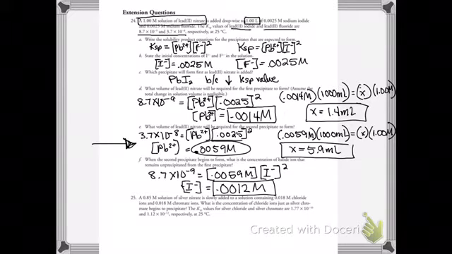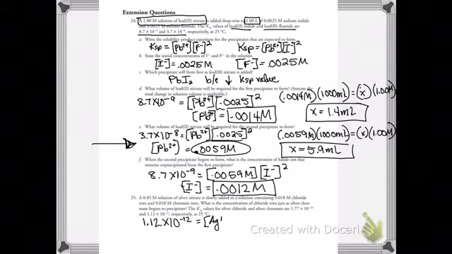So the very first thing I'm going to do is look at the Ksp of silver chromate first, because it's the first one to precipitate. So let's take a look. So grab the Ksp, 1.12 times 10 to the negative 12. All right, think about your Ksp expression for silver chromate.